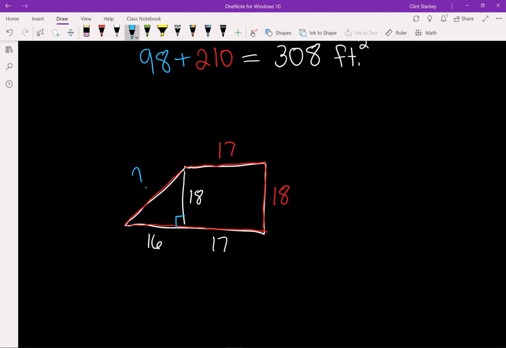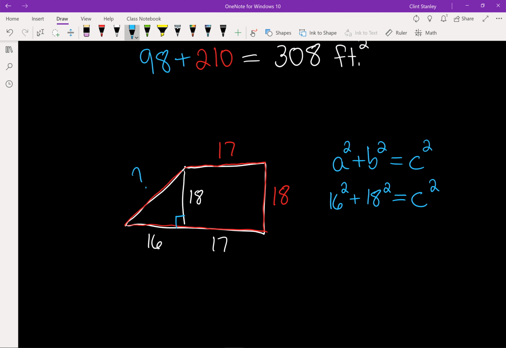So the two legs, if we do Pythagorean theorem, the two shorter sides are the 16 and 18. The one across from the right angle is the C, or the longer side, the hypotenuse. So to figure out that side, it's going to be 16 squared plus 18 squared. That will give us C squared.